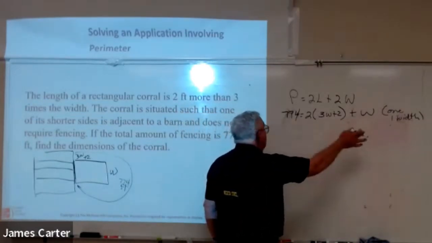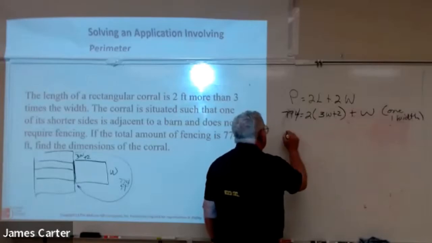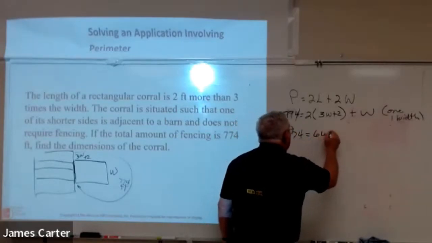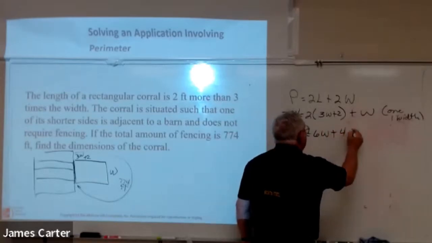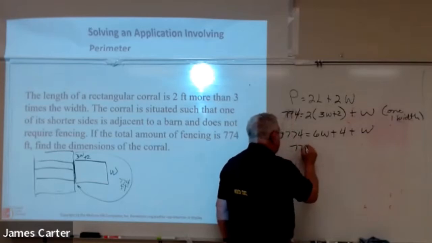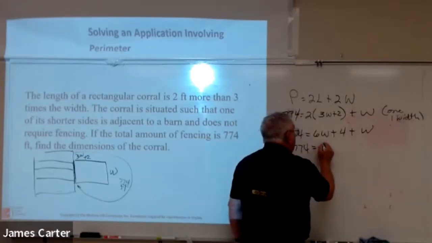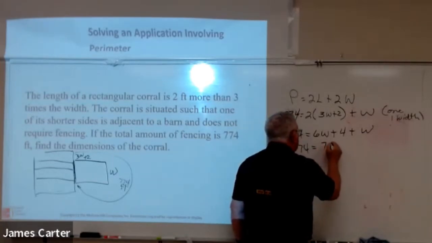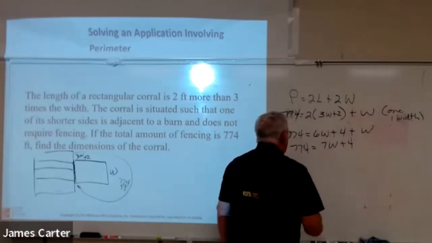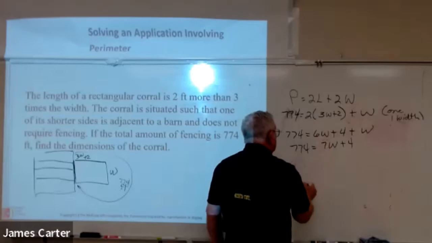Well, now we just have to solve this thing. So 774 equals 6W plus 4 plus W. 774 equals 7W plus 4. I'll take this 4 over there.